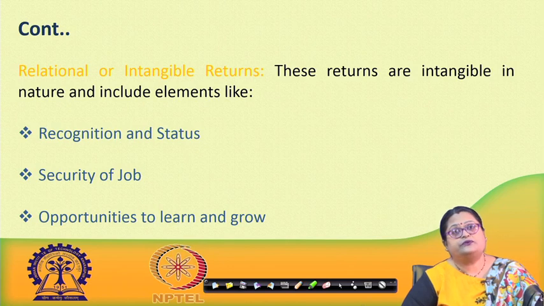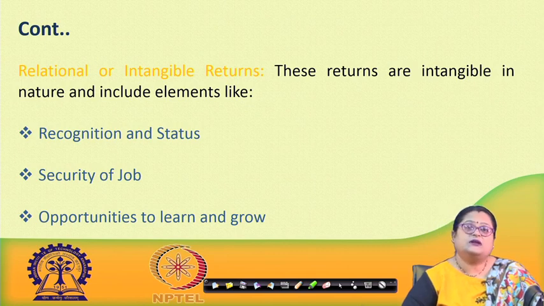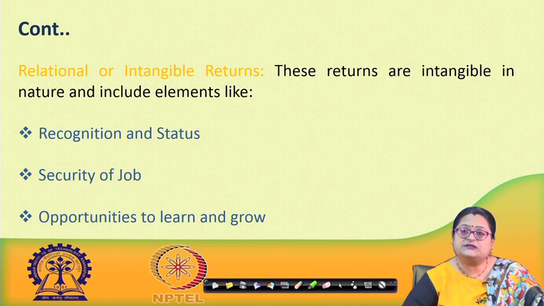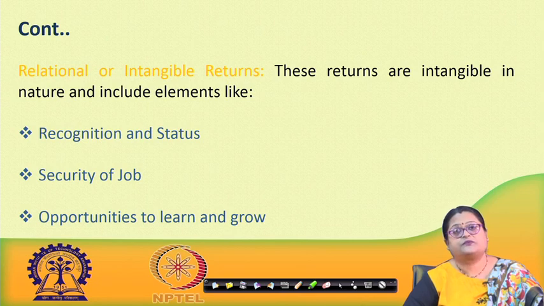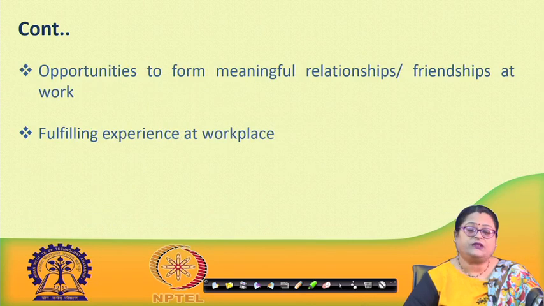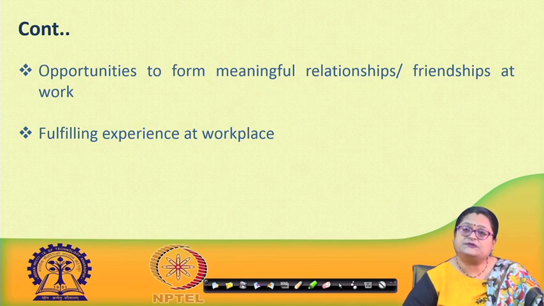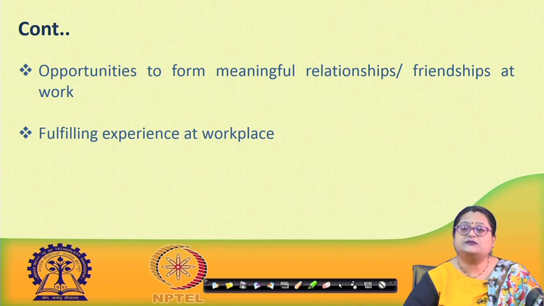When we talk of intangible returns, these may include elements like recognition and status, security of the job, and opportunities to learn and grow. Opportunities to form meaningful relationships and friendships at work, and a fulfilling experience at work.